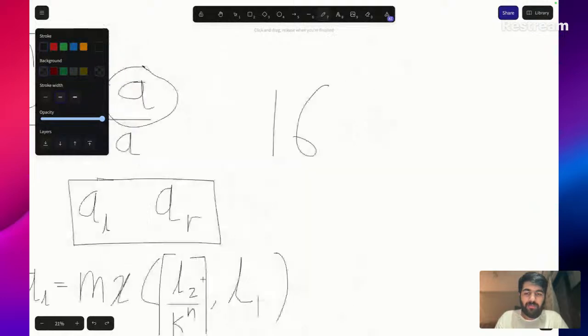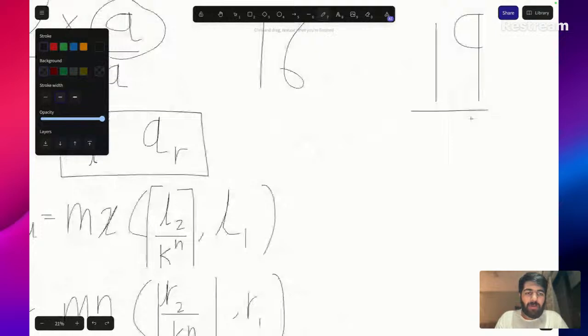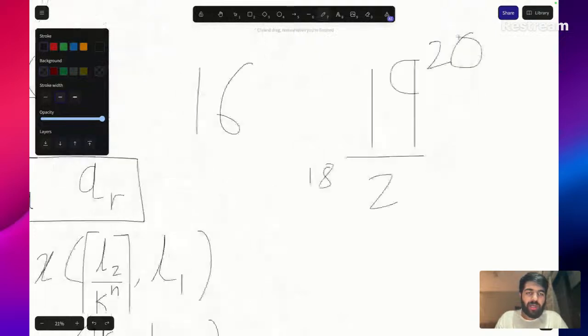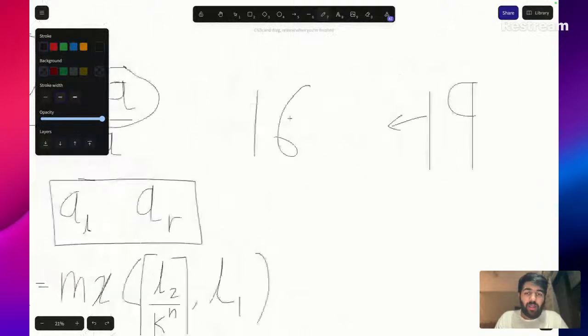Same thing here: take 19 as your R2. 19 by 2 is exactly 18 with a floor, or else you would have gotten 20 if you had taken a ceil. You don't want to go ahead of 19, you want to go behind 19, and you want to go ahead of 15. That is why the ceil value and the floor value.